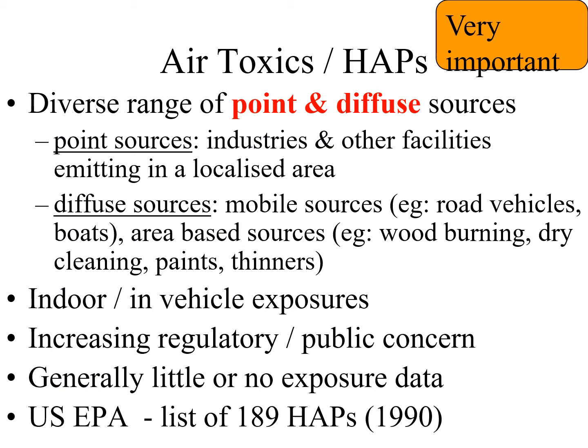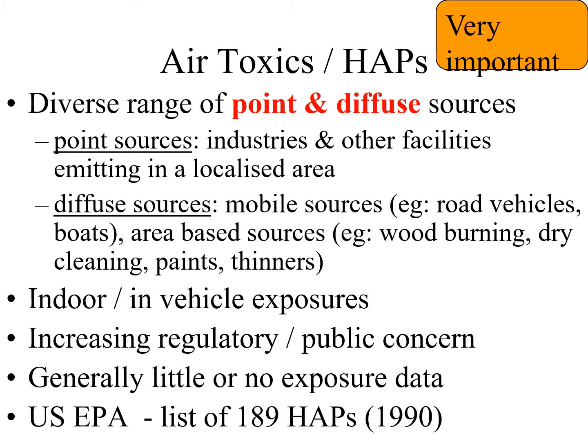Air toxics come from a diverse range of point and diffuse sources. Point sources are industries and other facilities emitting in a localized area. Diffuse sources include mobile sources such as road vehicles and area-based sources such as wood burning. Indoor and in-vehicle exposures are of increasing regulatory and public concern, but there is generally little or no exposure data.